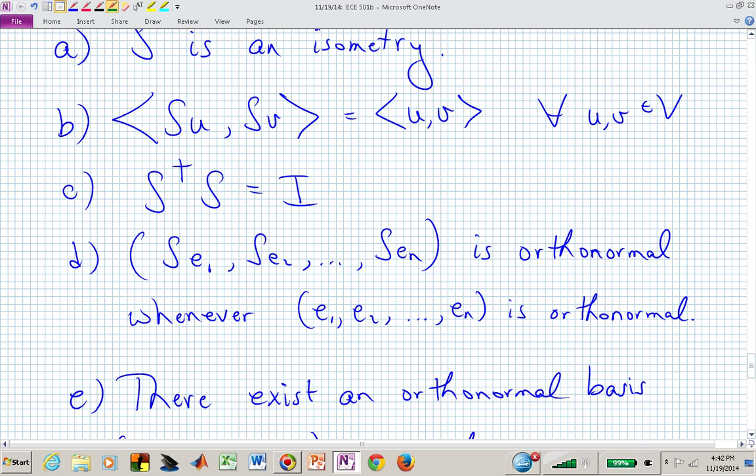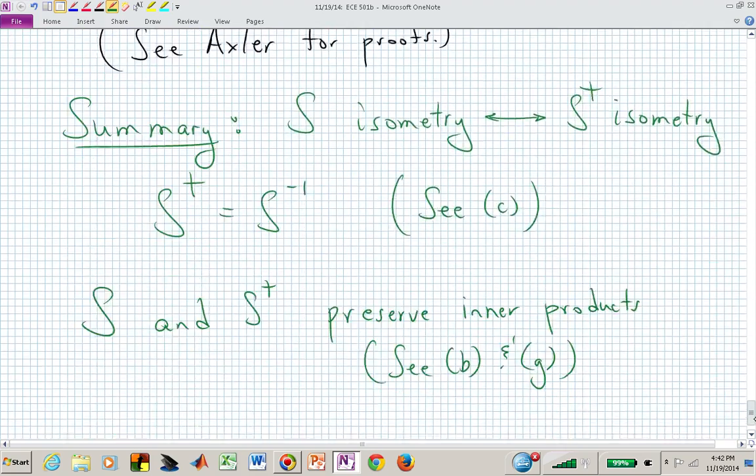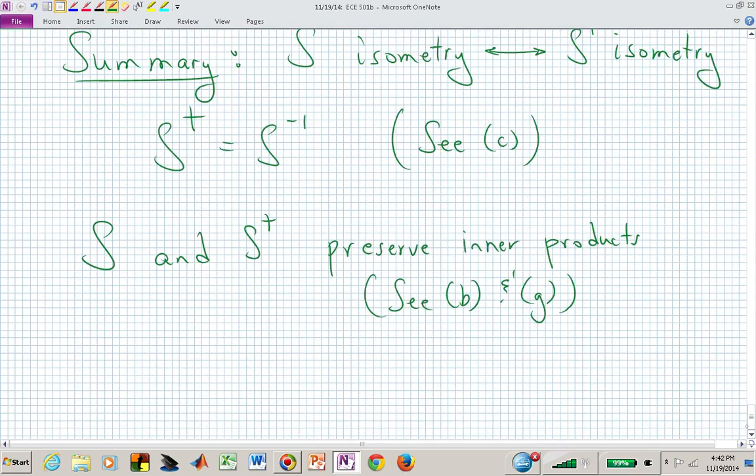B said if you take U and V and apply S, where S is an isometry, then you're going to get the same scalar out of the inner product of SU with SV as you get with the inner product of U with V. G is the equivalent one for the adjoint.